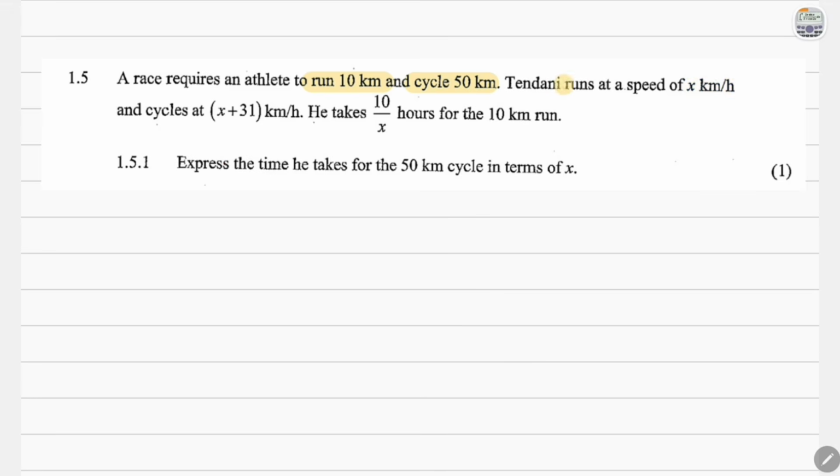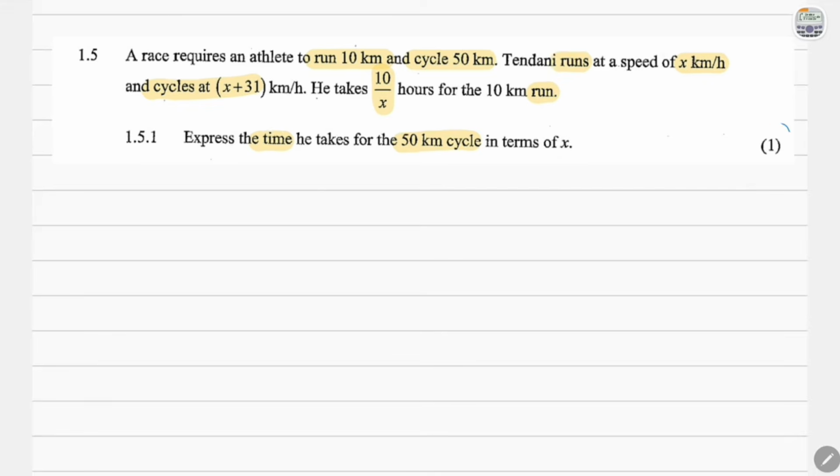Okay, so they're just giving us information about this race, which is a two-part race, running and then cycling. Then they tell us that he takes 10 over x hours for the 10-kilometer run. So they tell us the time for the run, and clearly they're not giving us any time for the cycling. The question is express the time he takes for the 50-kilometer cycle in terms of x.